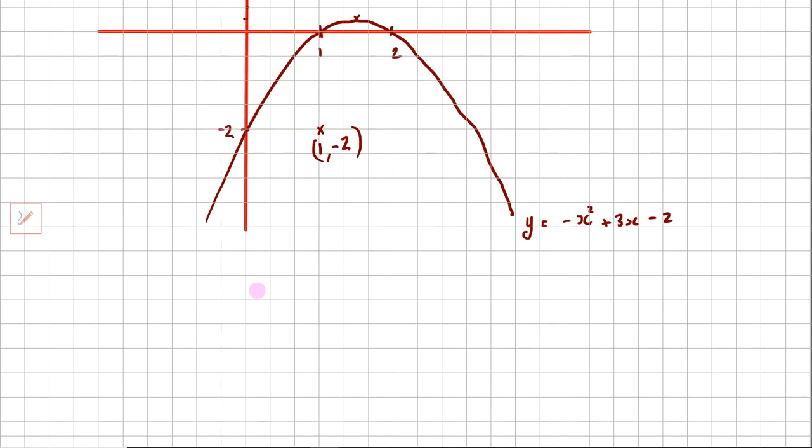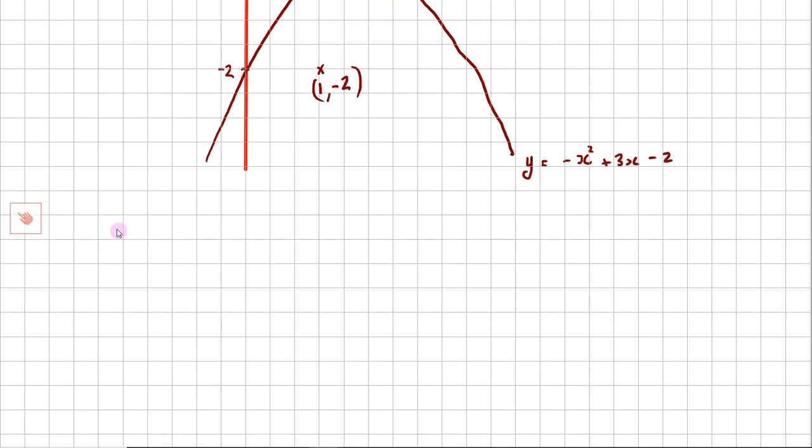Plugging it in. So I want to say that negative 2 should be less than or equal to negative 1 squared plus 3 times 1 minus 2. So we've got negative 1 plus 3 subtract 2, which should be greater than negative 2, yeah? Is it?